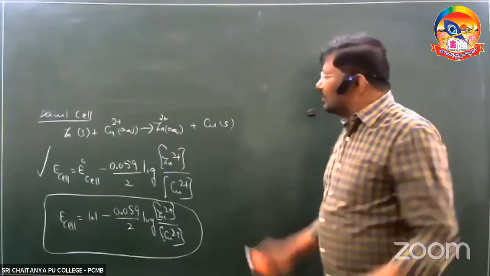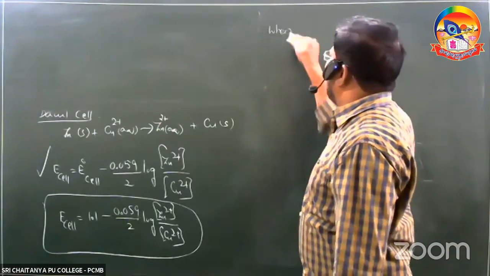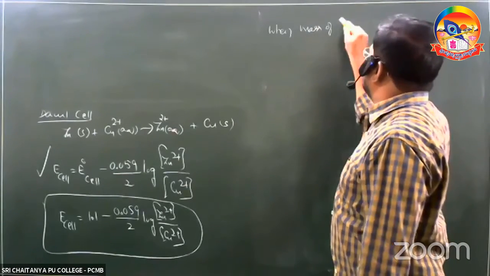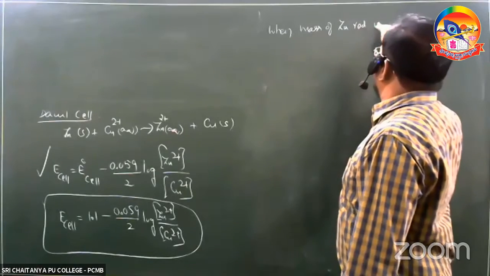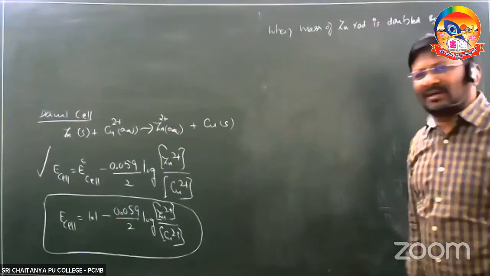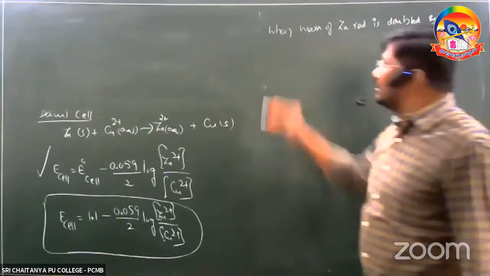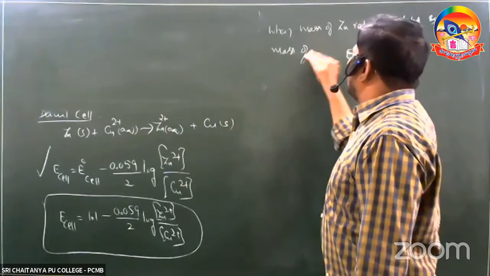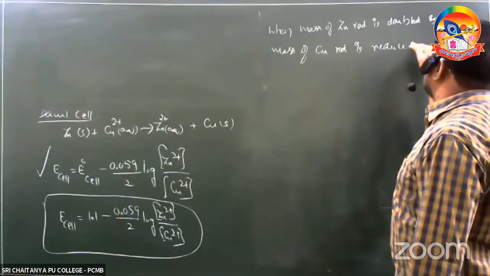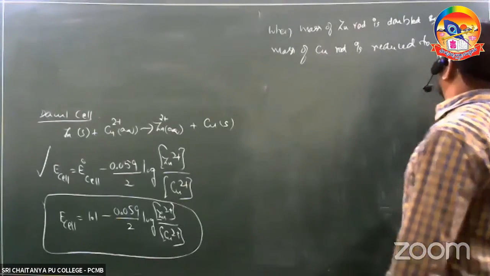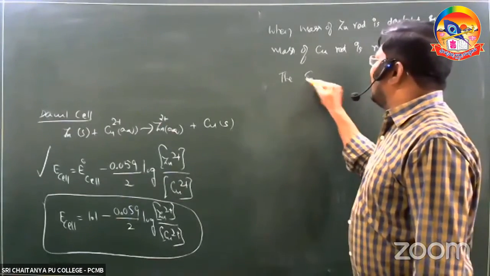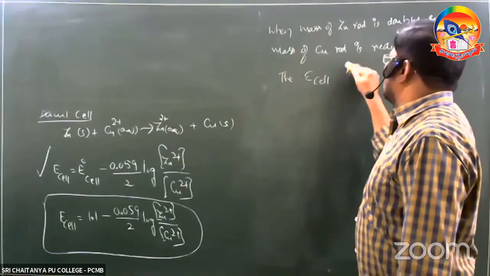Now, a small question like this. When the mass of the zinc rod is doubled and the mass of the copper rod is reduced to half, the E cell is dash.